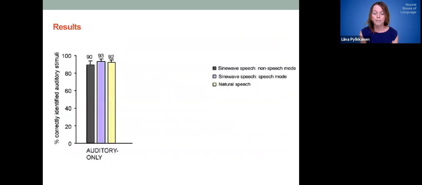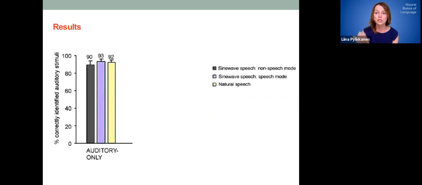Okay. The first set of results that I'm showing you come from an auditory only condition. So here we're assessing accuracy when there is no articulatory gesture at all. So there's nothing messing with your perception. These are totally clear signals, not distorted in any way.